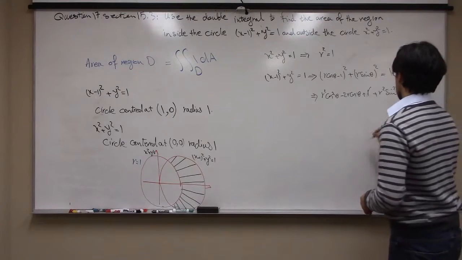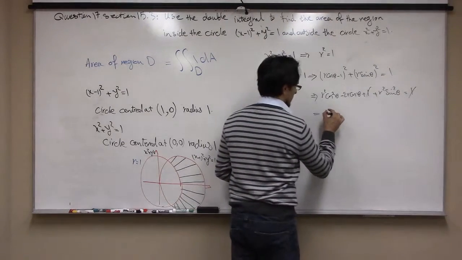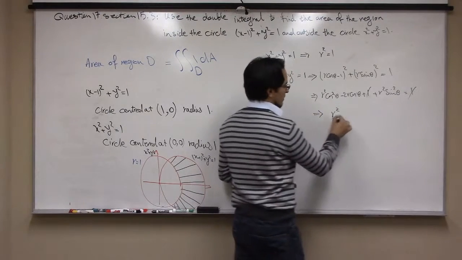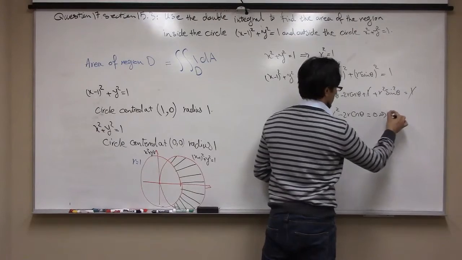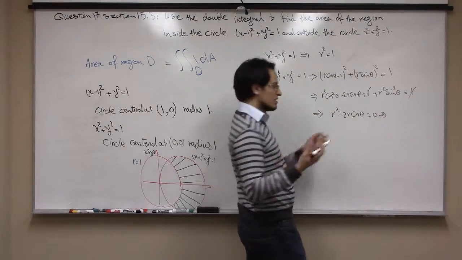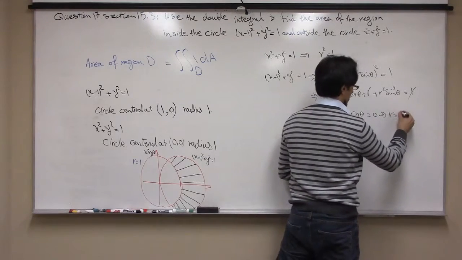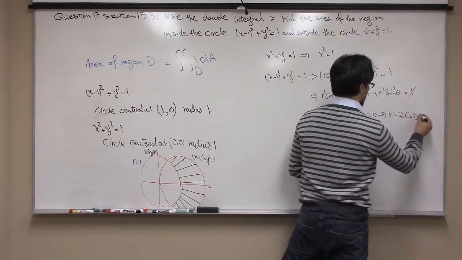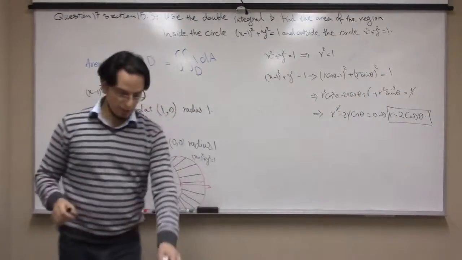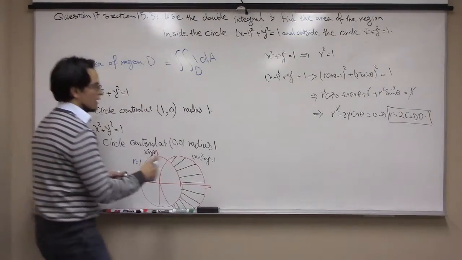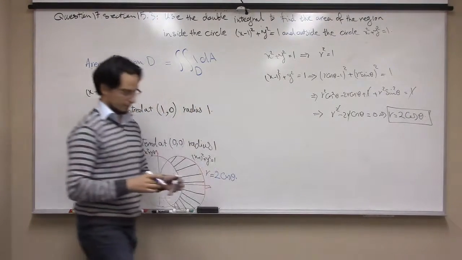This one cancels with that. r squared sine squared theta plus r squared cosine squared theta will give us r squared minus 2r cosine theta is equal to 0. r is always non-zero, so you can cancel this r with that r, so r is equal to 2 cosine theta. So the equation for the circle is now r equals 2 cosine theta.